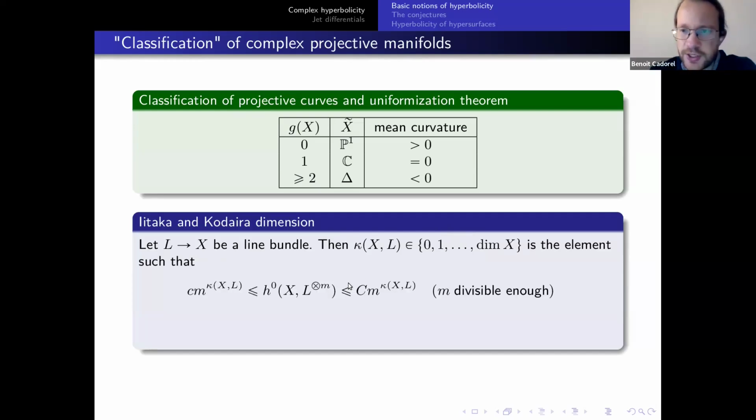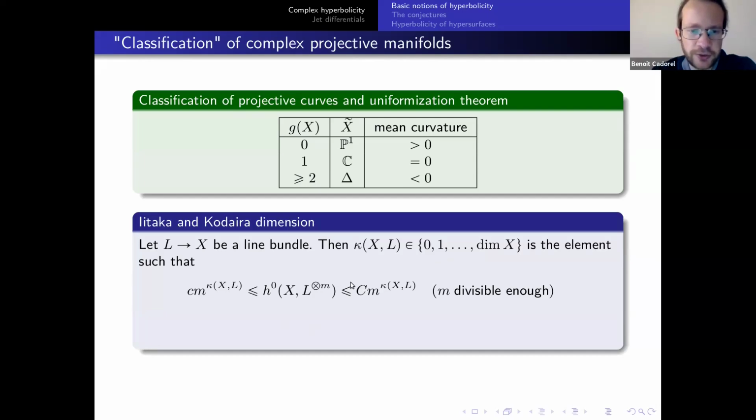It is the element that controls the growth of the spaces of sections of the powers of L. If you compute this H0 here, you look at the dimensions of the sections of L to some power n, maybe divisible enough. If it's minus infinity, it will always be 0. In the other cases, you have polynomial growth like this.